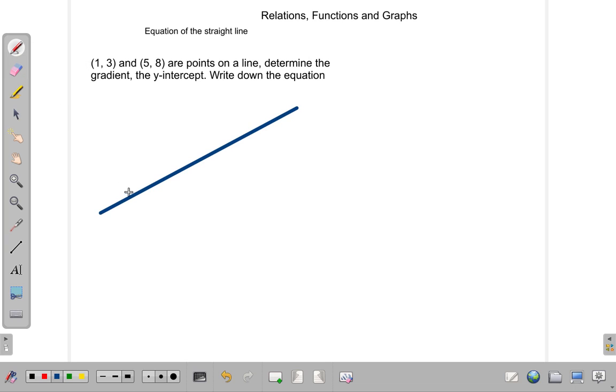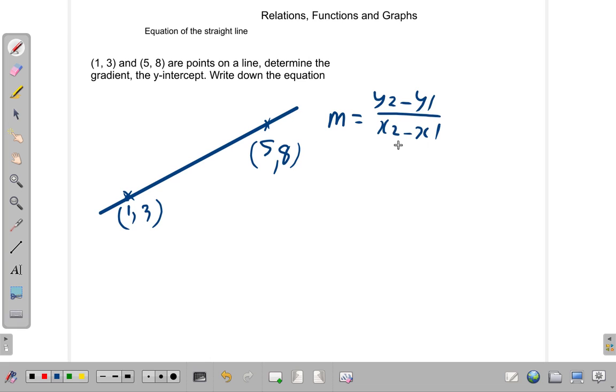We have (1, 3) here, and we have (5, 8) here, marked with the X. Now, we could very well draw our triangle and use rise over run, but let us use the formula to calculate the gradient of this line. So the gradient, which I represent using m, is y2 minus y1 divided by x2 minus x1.